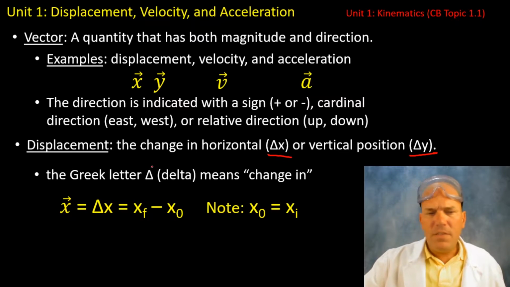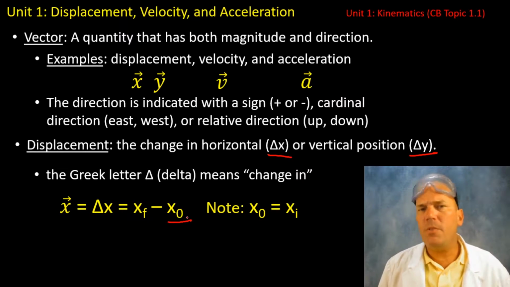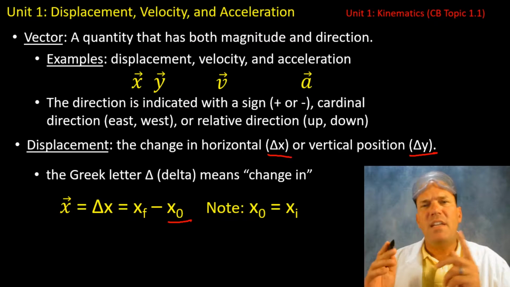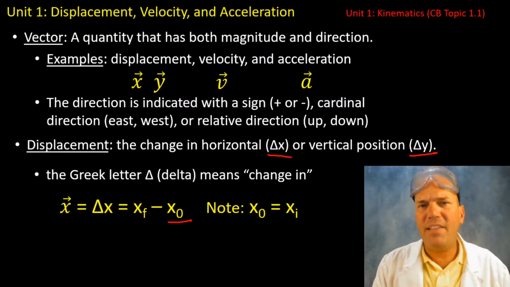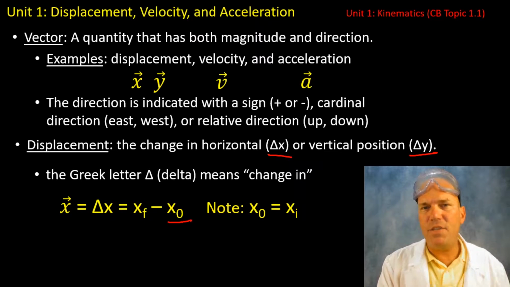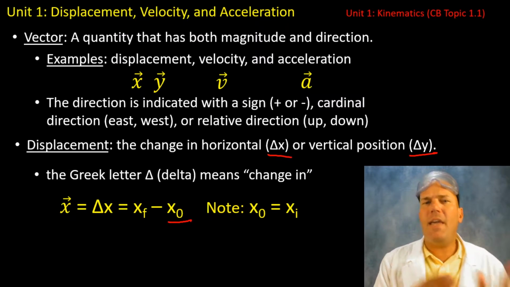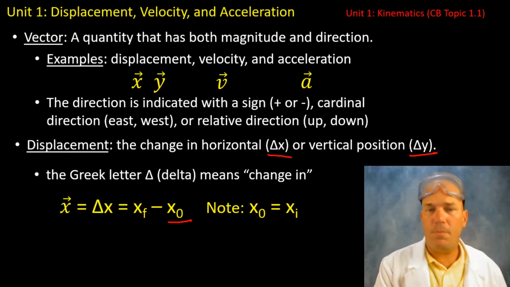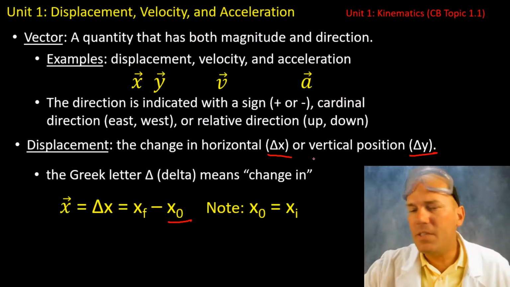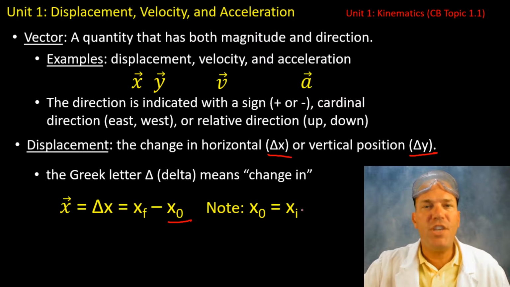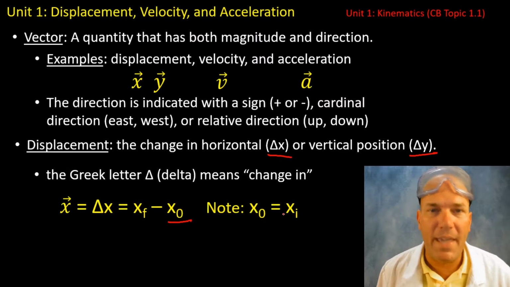Now, this term here, this subscript of 0, is pronounced x naught, N-A-U-G-H-T. And it is the same thing as saying the initial position. So x naught is often interchangeably expressed as an x subscript lowercase i.